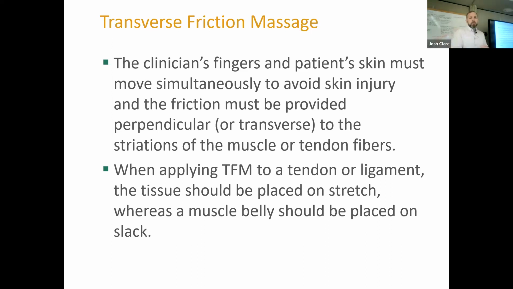When applying transverse friction massage to a tendon or ligament, the tissue should be placed on a slight stretch. But if we're doing it to a muscle belly, it should be placed on slack. I don't have good reasons why that is. Do you have why that is? Okay, that's a good thought.